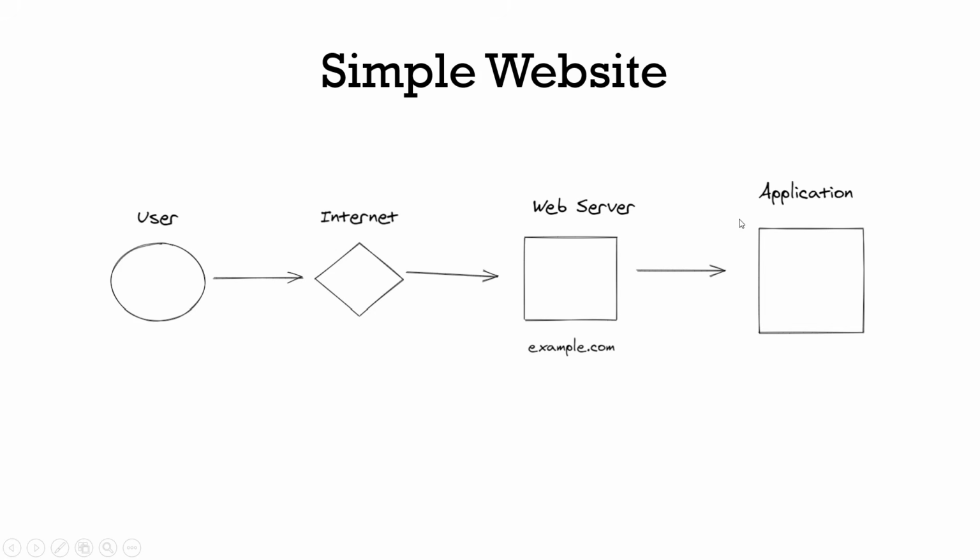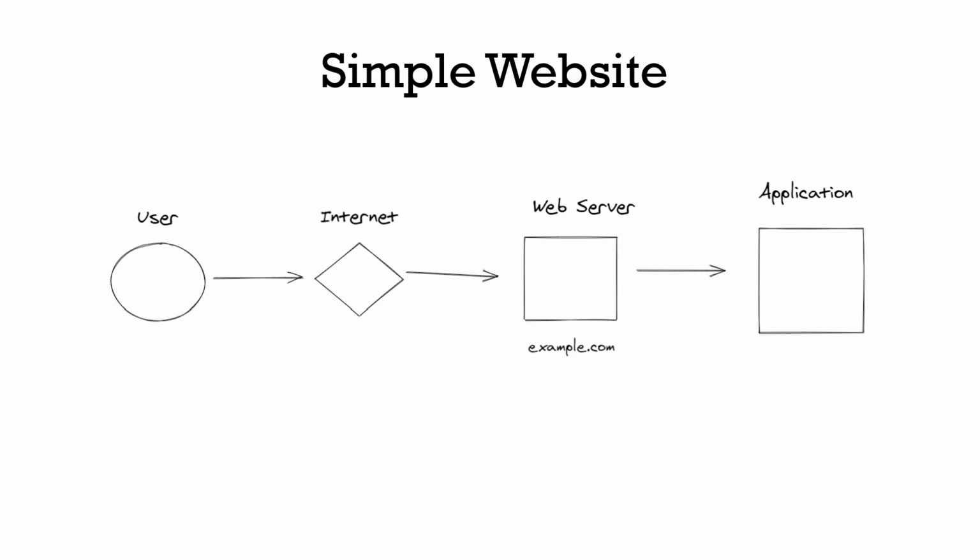That would be something like Express.js, LAMP stack, Django, WordPress. Your application is the code you write, and that will interact sometimes with the database or just deliver back some content, like a blog post or something.